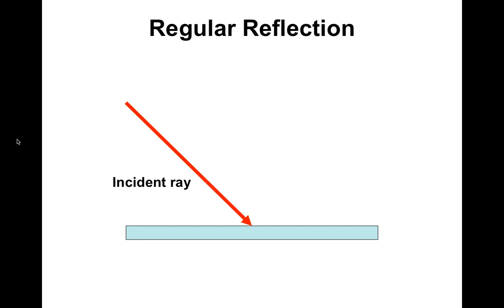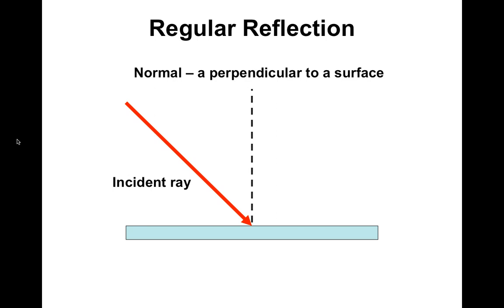This incident ray comes in at a certain angle, and then it's reflected back, producing the ray of light that you see. To talk about that, we have to consider our reference point, and that is what we call the normal.